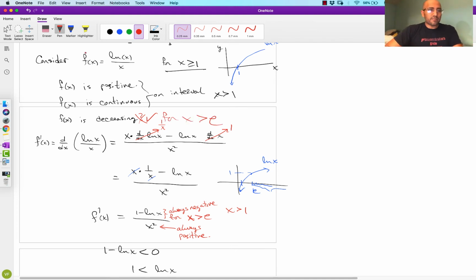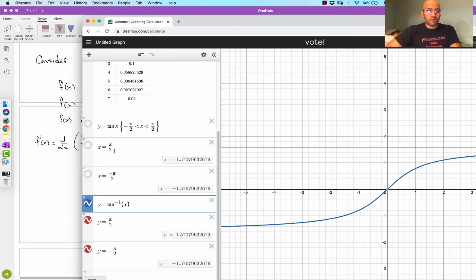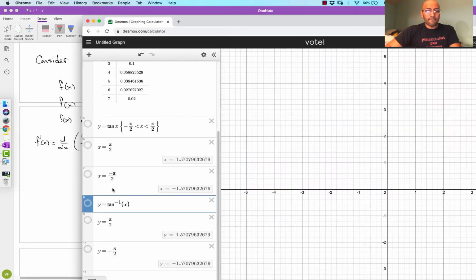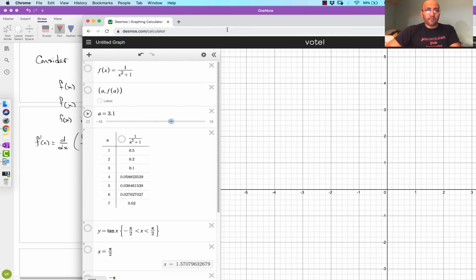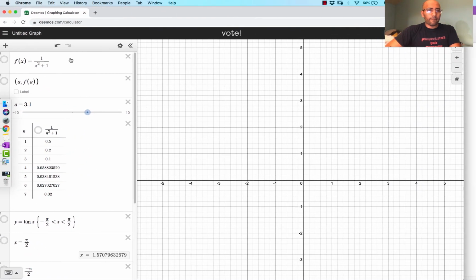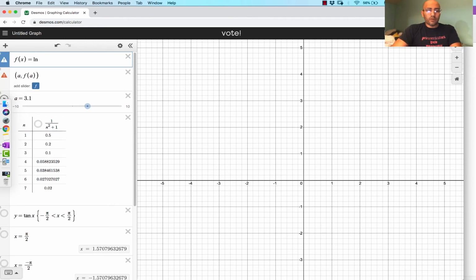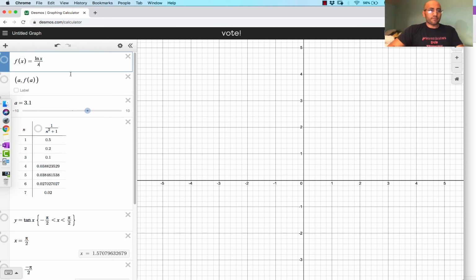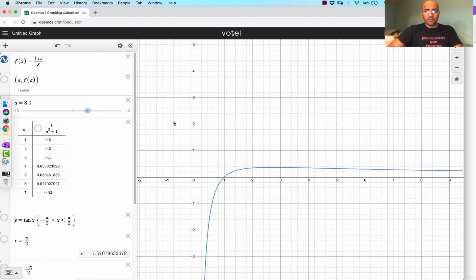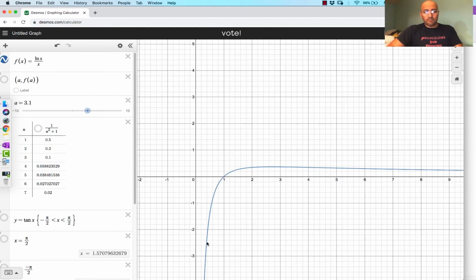Okay, so let's graph it and see what it looks like. Let's go back to Desmos, good old Desmos. Okay, so ln x divided by x looks like this. And look, it begins over here increasing, and at some point it reaches some maximum value, and that point is going to be found at e.